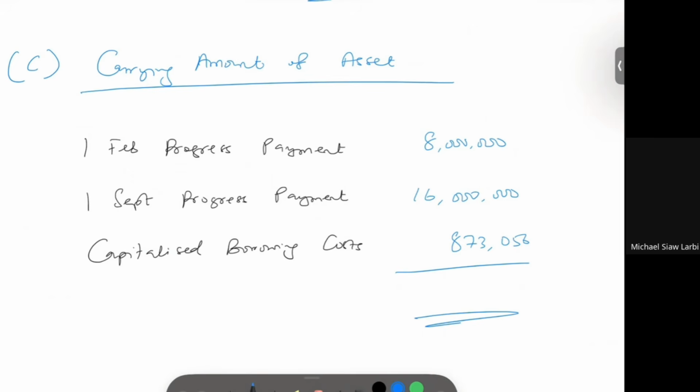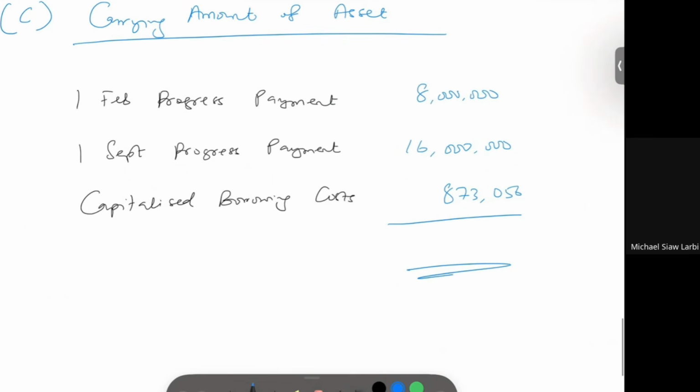That should give us 24 million and 873,056. So this is my total carrying amount. So that is about it for this question, right? It should be an easy topic to handle, which is on IAS 23 borrowing cost.